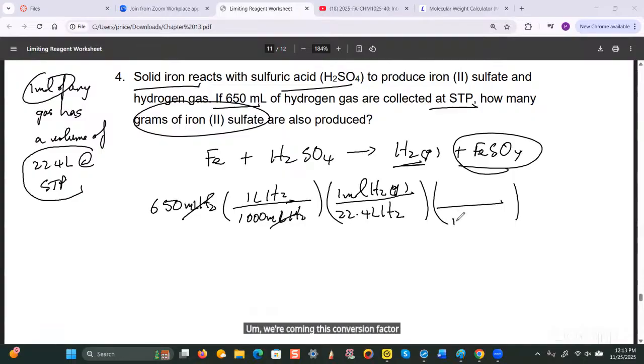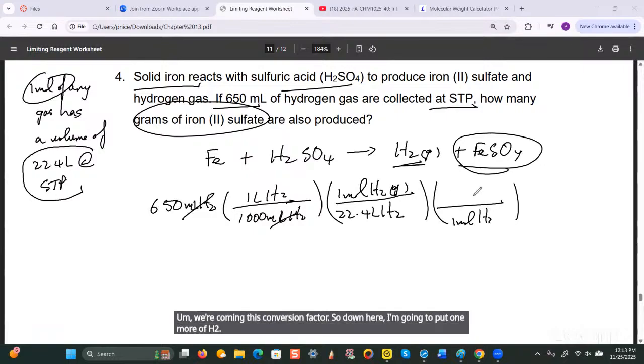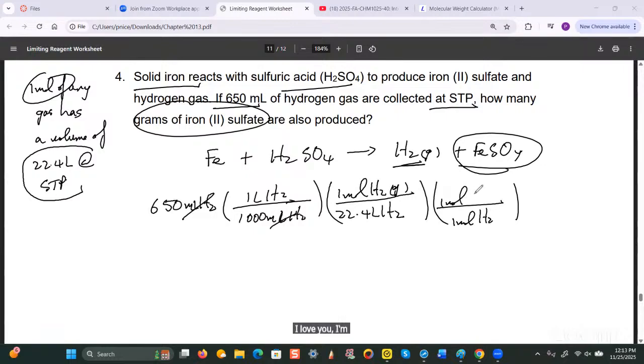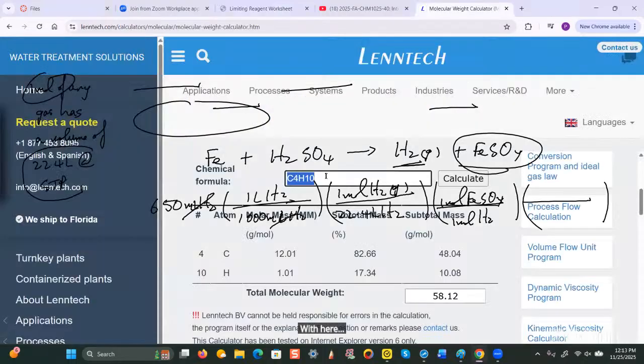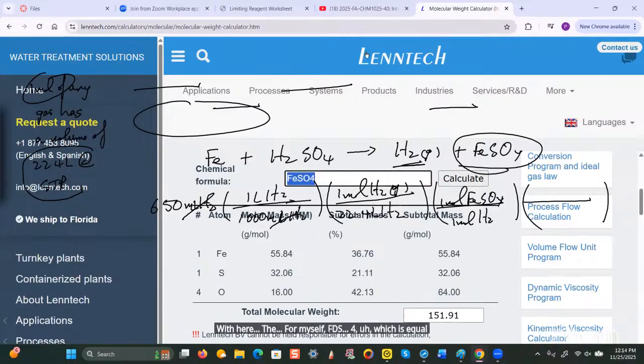So down here, I'm going to put 1 mole of H2, and up here I'm going to put 1 mole of FeSO4, and then the final conversion factor would be the molar mass of FeSO4, which is equal to 151.91.